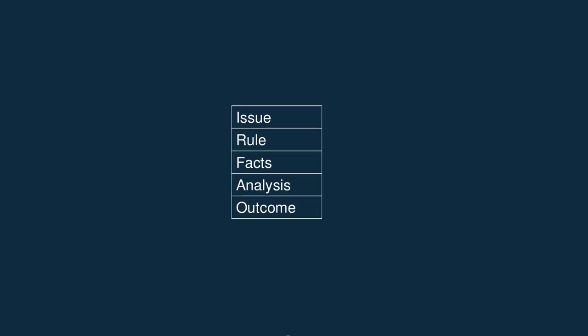Now, in the last lesson, I talked about these 5 critical things when it comes to legal reasoning. Number 1 being the issue. What is it that we are trying to solve? What is the problem we are trying to solve in terms of coming up with an answer to a question, like whether some person is liable or some person is guilty? What is the specific issue under discussion?